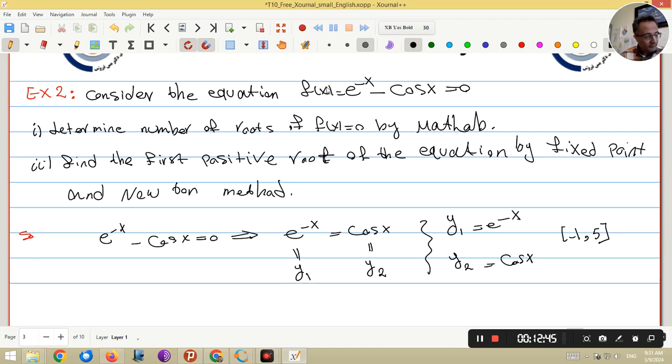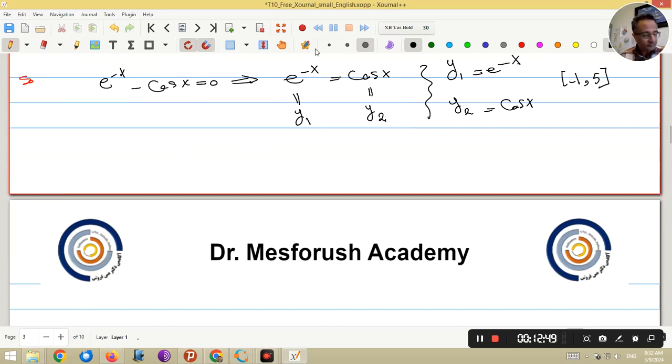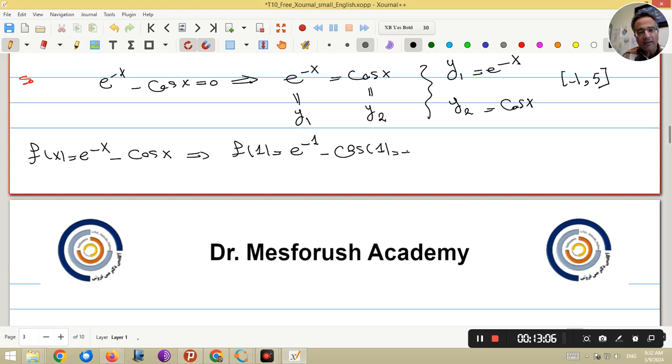Okay, for the fixed point method, consider f of x equal to e to the power of minus x minus cosine of x. So f of 1 is e to the power of -1 minus cosine of 1, this is about -0.17, and this is negative.